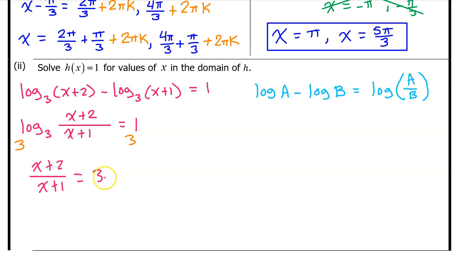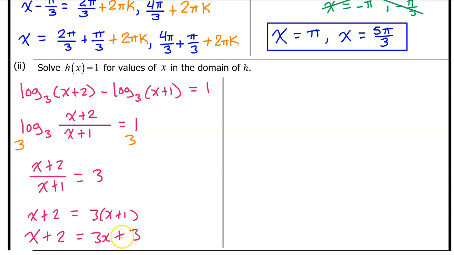Multiplying both sides of this equation by the denominator leaves us with x plus 2 on the left-hand side, and then 3 times x plus 1 on the right-hand side. Distributing the 3 gives us x plus 2 is equal to 3x plus 3.